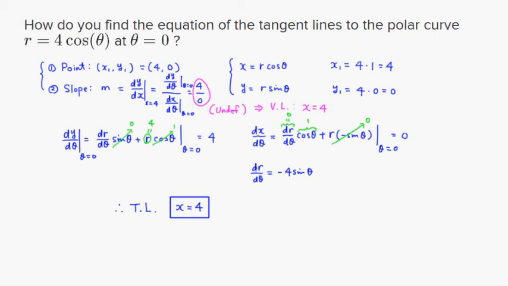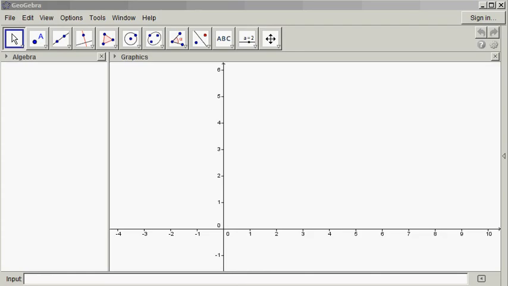All right, let's just make sure that we did the right thing. Let's use GeoGebra here. Let's try to sketch this r equals 4 cosine theta. Theta is kind of hard to type, so I'm going to use t instead. So r of t is equal to 4 times cosine of t.